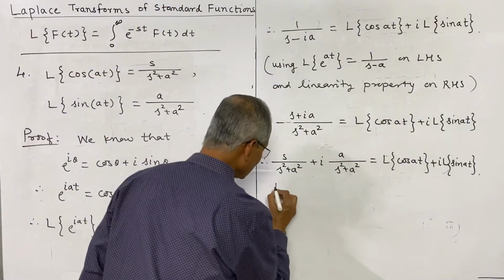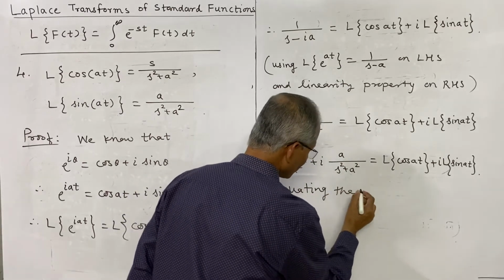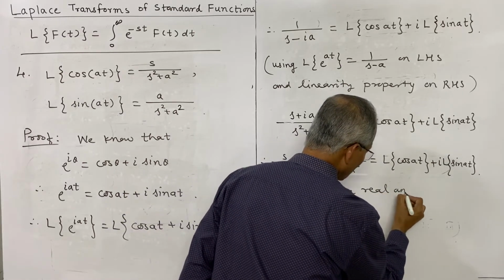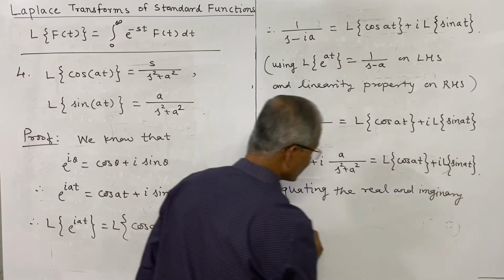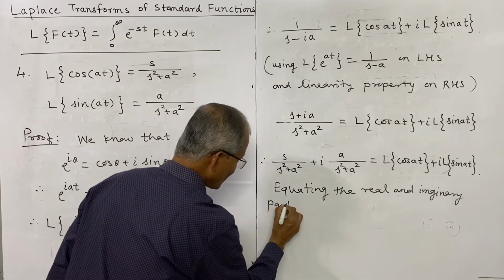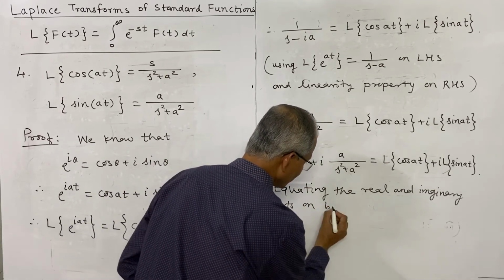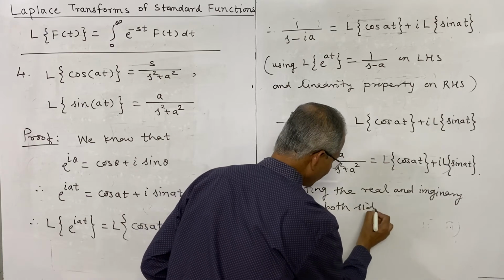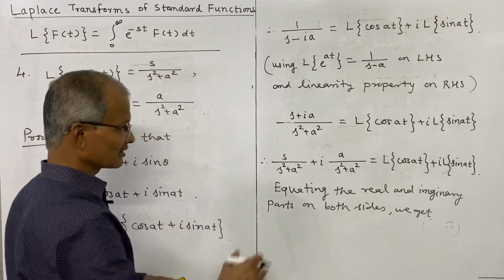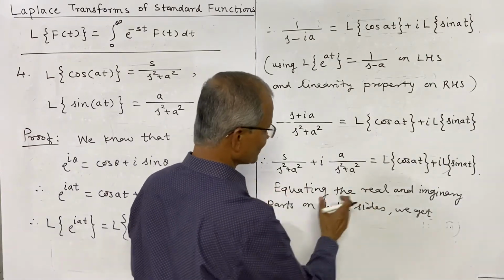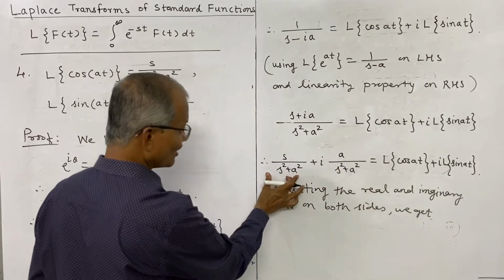So equating the real and imaginary parts on both sides, we get, now I shall write in reverse way, that means interchanging the sides. This is the real part on RHS and this is the real part on LHS.